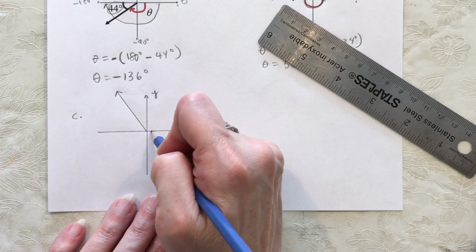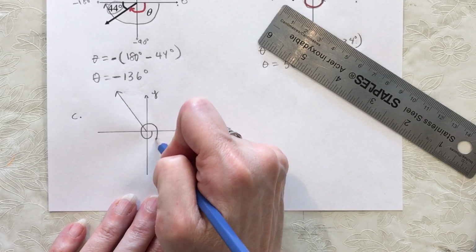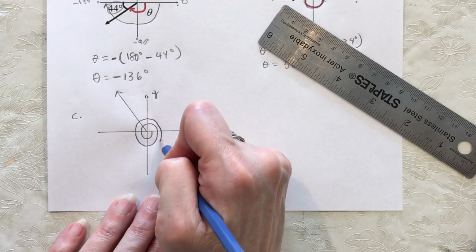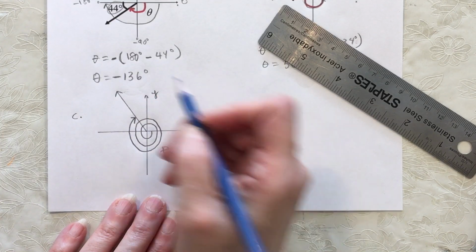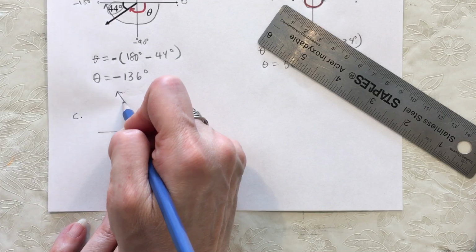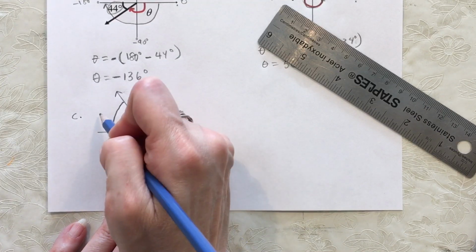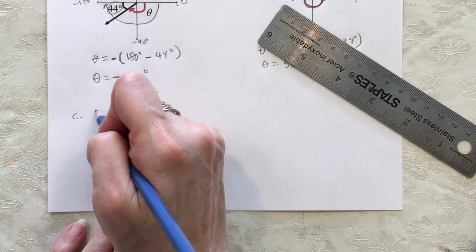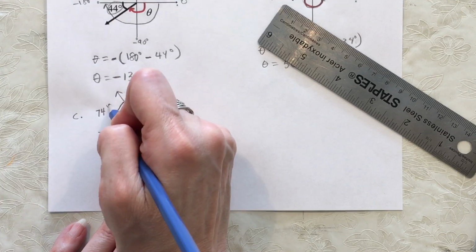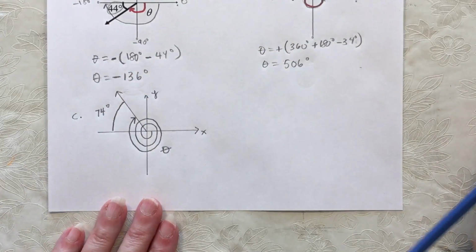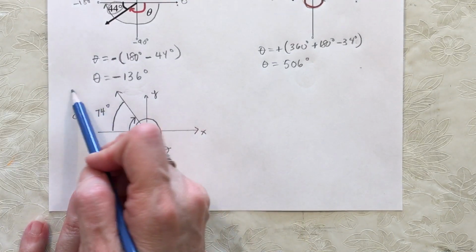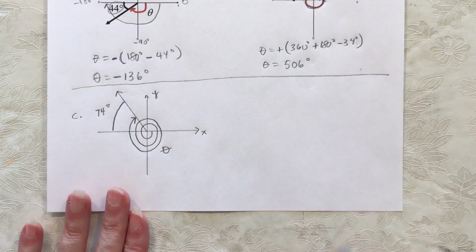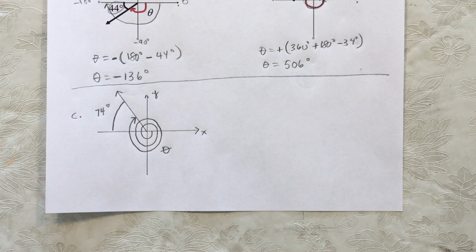Okay, so there's my angle, theta, but then you're going to be told that this angle in here is 74 degrees. Okay, you want to pause the video for a second and try this, see if you get the right answer, and then once you've figured it out, go back and see how you would do it.